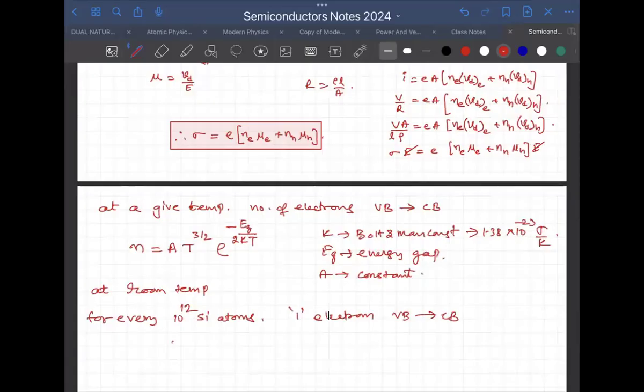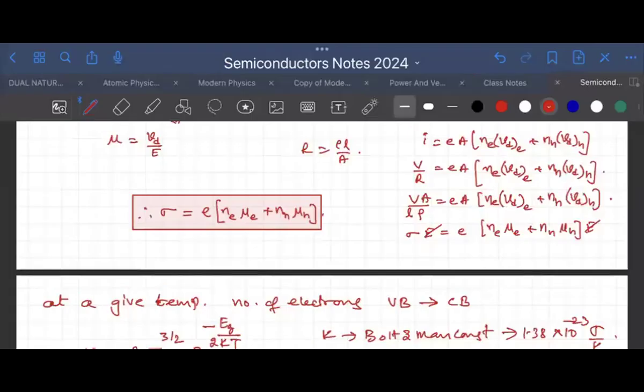In the case of germanium, for 10^9 atoms, one electron jumps from valency band to conduction band. So all that I have discussed is about a semiconductor in its purest form. Now we will proceed to semiconductor with some impurity.